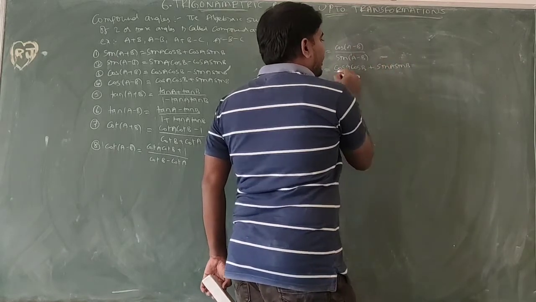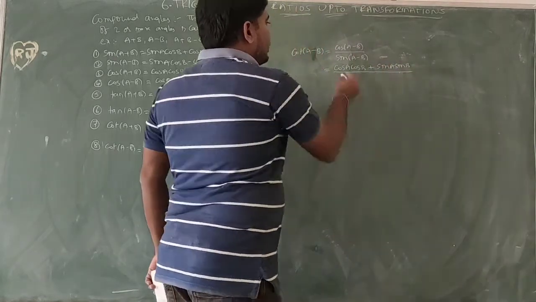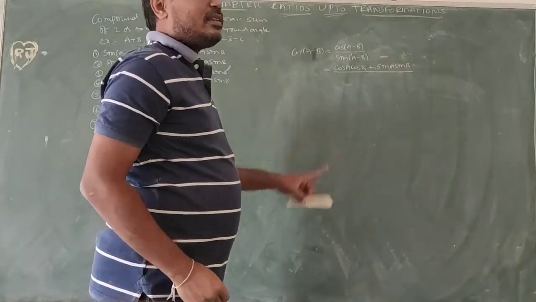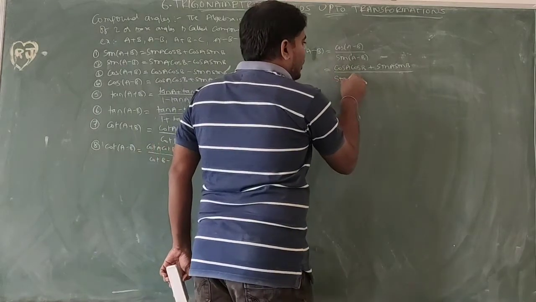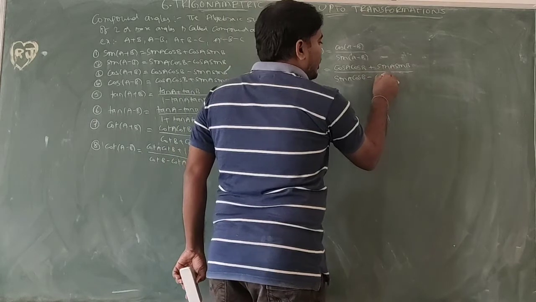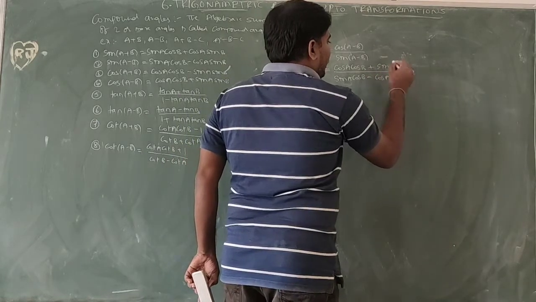For sin of A minus B, from the sin cos combination, sin A cos B, and since it is minus, minus cos A sin B.